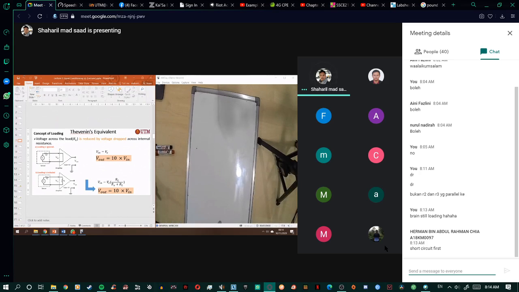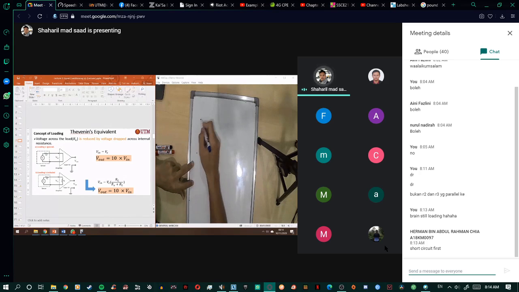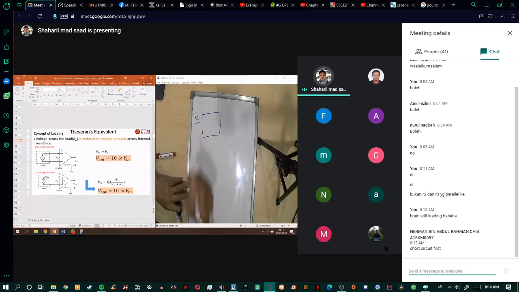Okay, so now when you have the signal conditioning, you have the transducer. Let's say this is your transducer, and it detects the degree.